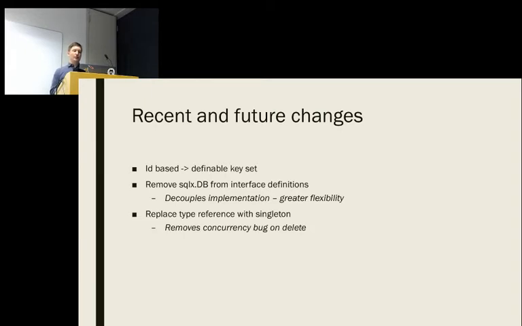I want to remove the database reference from those interfaces because it decouples the implementation, and we could then have create, read, update handlers for React, potentially, right? Instead of it being tied to the SQLXDB. And then replacing that type reference with a singleton, which is very similar to what Rob did in his to make it work, but I can show.